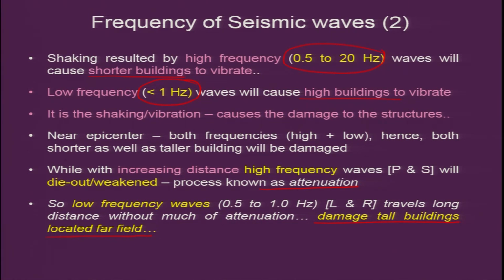So, the fundamental thing we learn is that in the epicentral area you will experience both low frequency and high frequency waves, as body waves and surface waves, and that will result in damage to shorter and taller buildings.